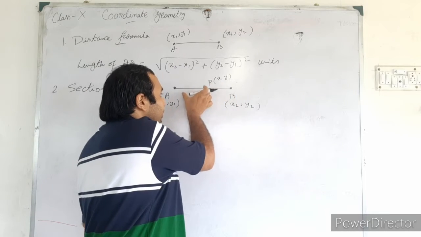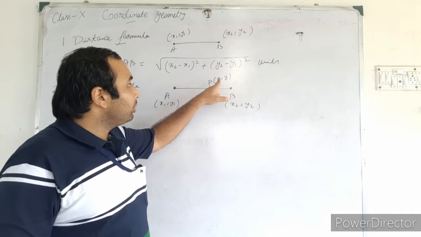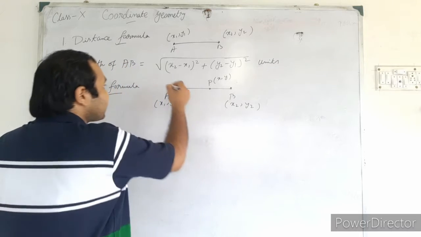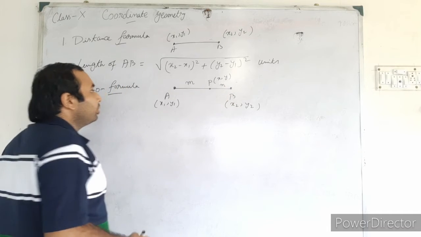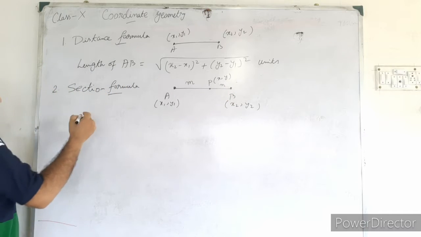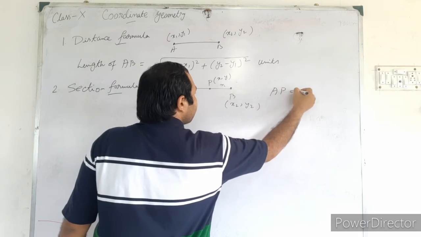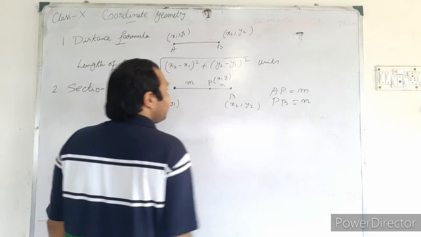Suppose the ratio is given and you have to find the point, otherwise the point is given and you have to find the ratio. Let us take this ratio as m and this as n. So I am writing here AP equals m units and PB equals n units.